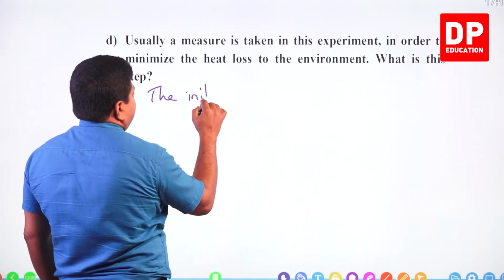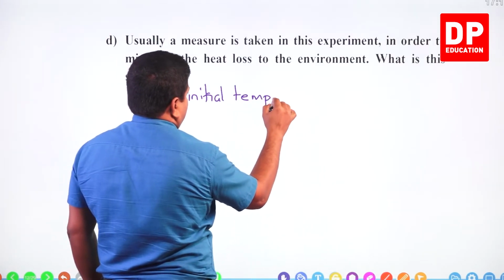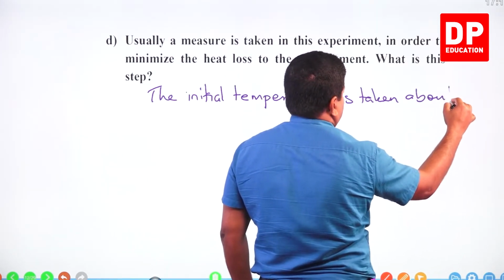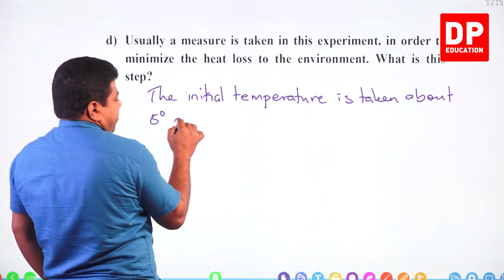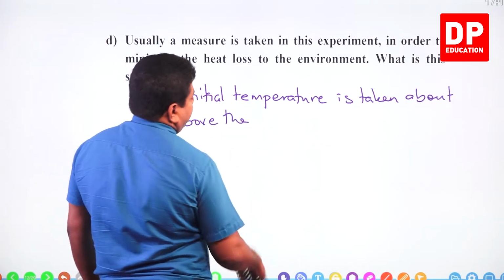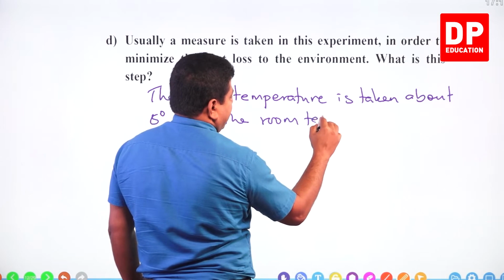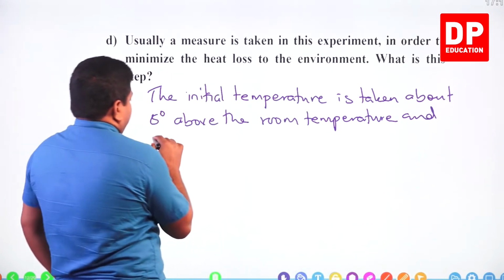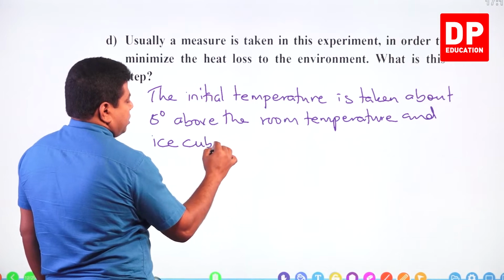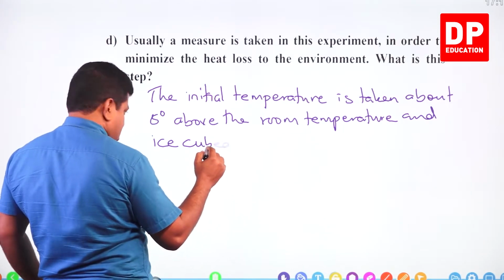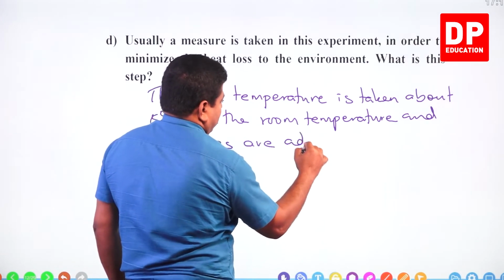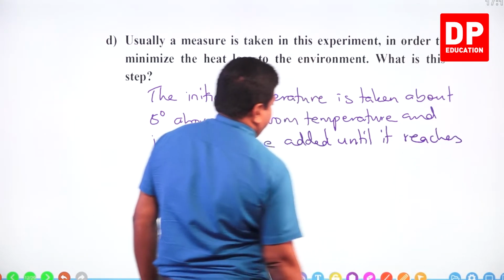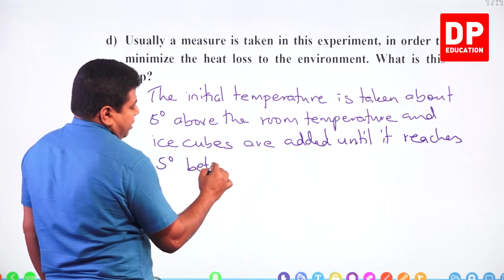The initial temperature is taken about 5 degrees above the room temperature or environmental temperature, and ice cubes are added until it reaches 5 degrees below the room temperature.